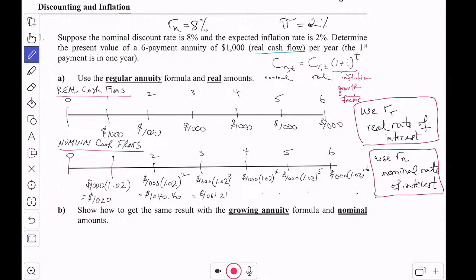Okay, the Fisher relation is that the nominal rate accounts for the inflation, but I have to use factors, right? These are growth factors or rates. So I'm going to say, Fisher told us that this is the relationship between real and nominal rates. All right, so we've been using the nominal rate all along until now, and hidden in there is the real portion.